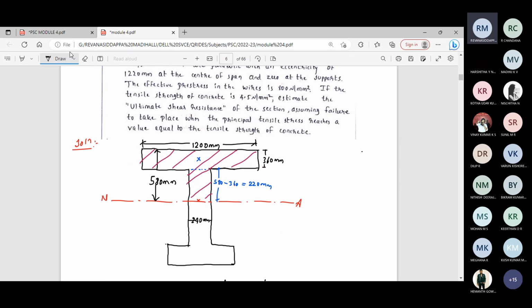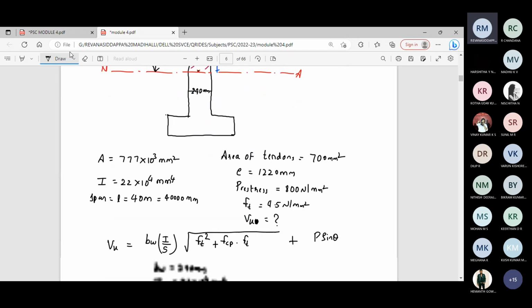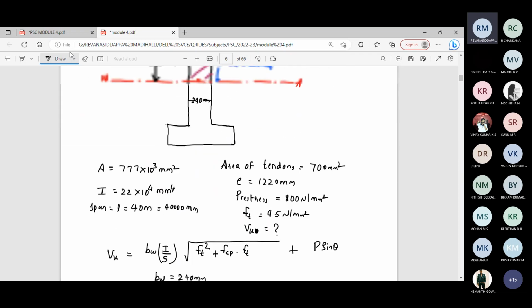Y bar is nothing but the distance of the center of this flange from the neutral axis. How much will it be? It will be 220 plus 360 divided by 2. 360 by 2 means 180. So 1200 into 360 into (220 plus 360 by 2). Okay, so you got the moment of the flange about the neutral axis.